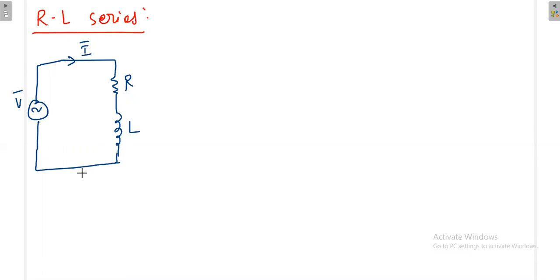Okay, so from this you have to see, now you are giving the supply to these elements R and L. Now R is there, L is also there. If only R is there, then V and I will be in phase. But because L is there, we do not know what is the phase relationship between the V and I. The phase could be anything.